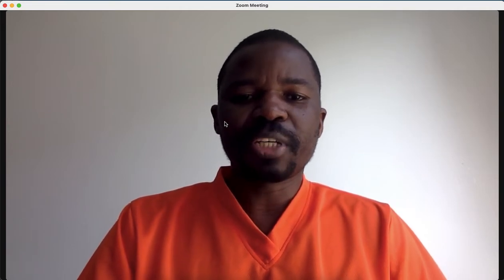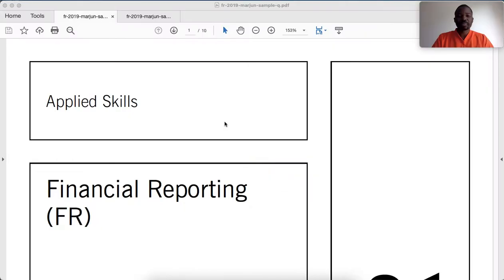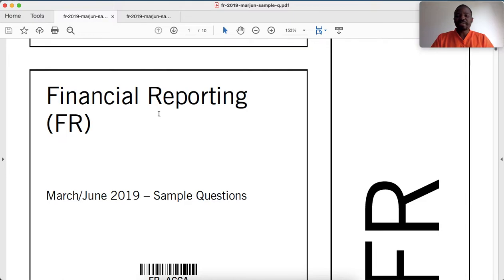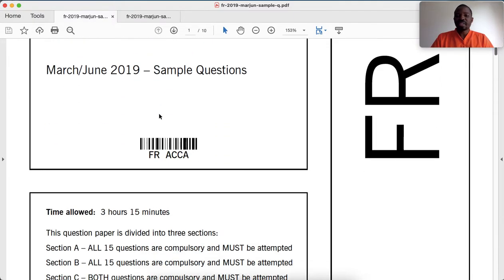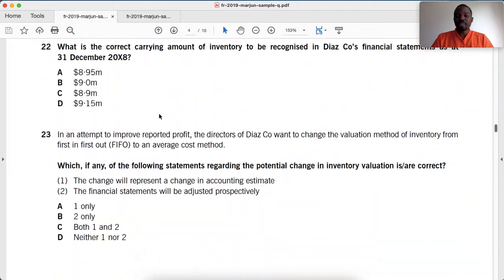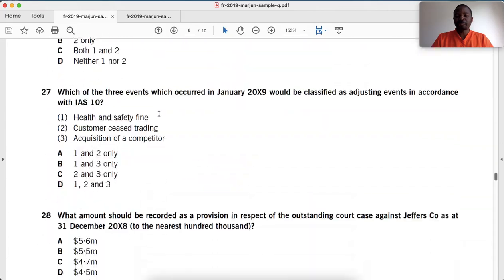Now let's look at the question. Here is our question paper, Financial Reporting, FR March-June 2019 sample questions. Now let's go to the question that we will be answering today.